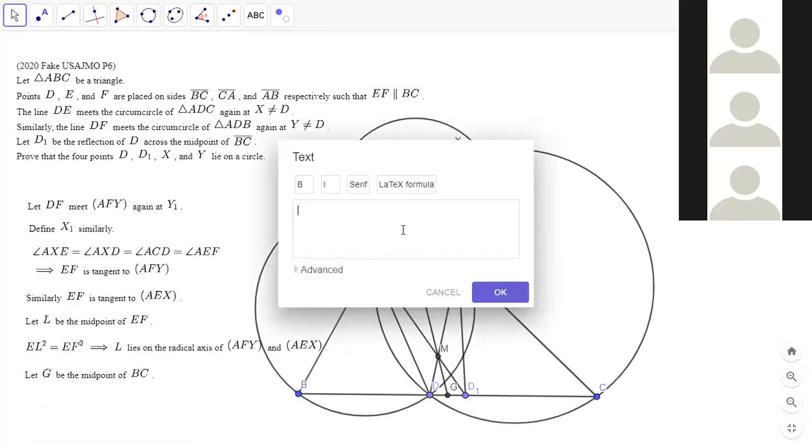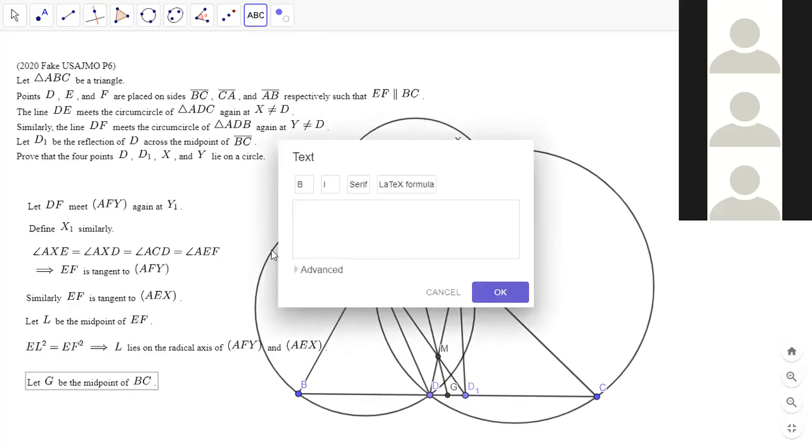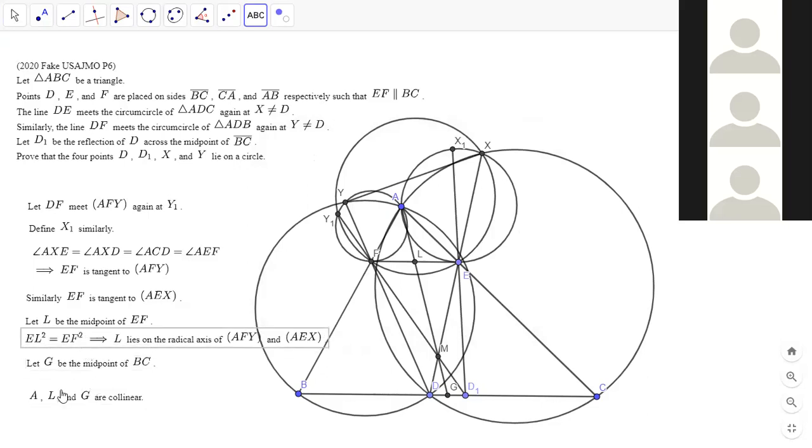Also, it's not hard to see AL and G are collinear.